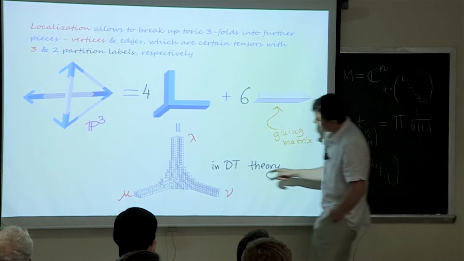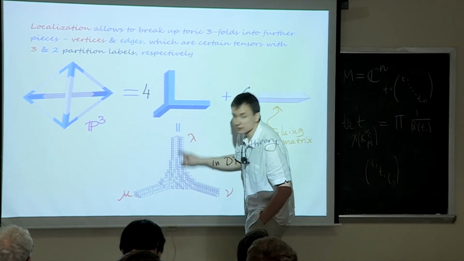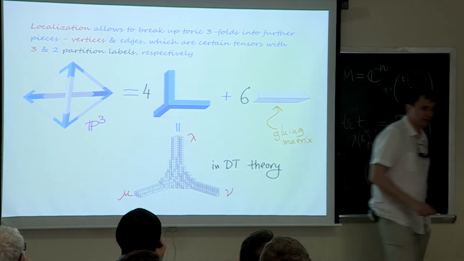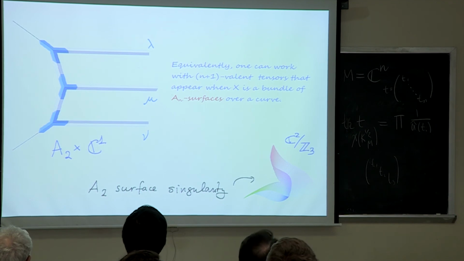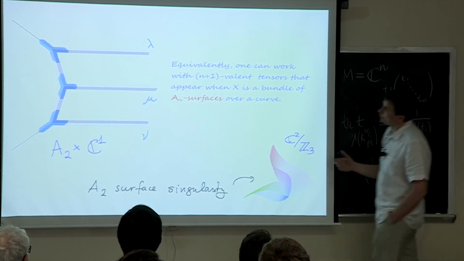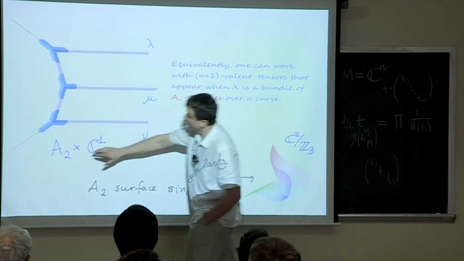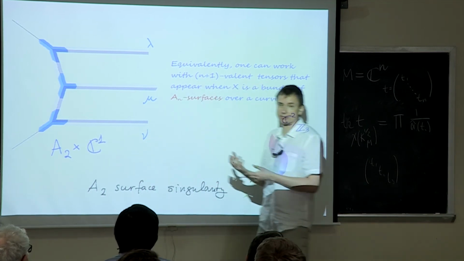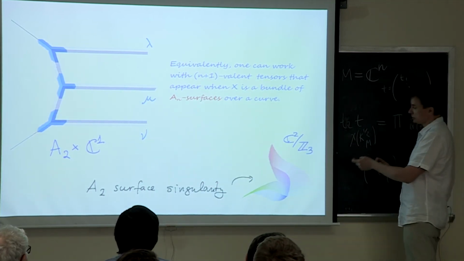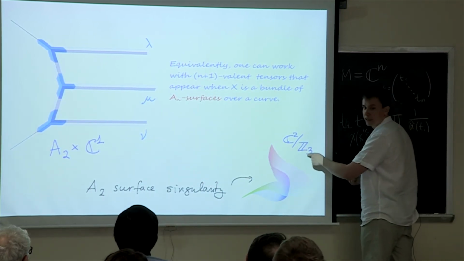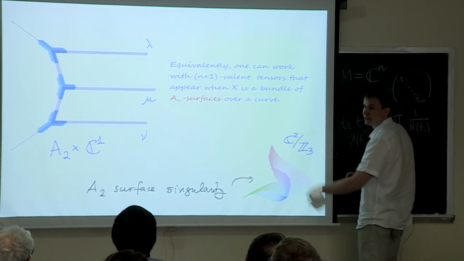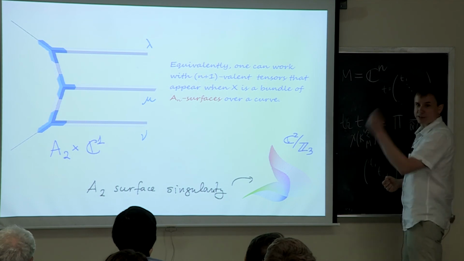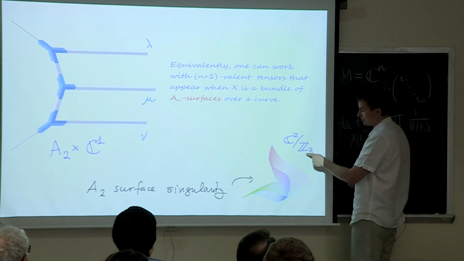Now, there's a little technical trick: instead of this trivalent tensor, it's much easier to think about a different trivalent tensor. Namely, look at AN surfaces. AN surfaces are minimal resolutions of quotients of C2 by a cyclic group acting by roots of unity in one variable and the inverse of them in the other variable.